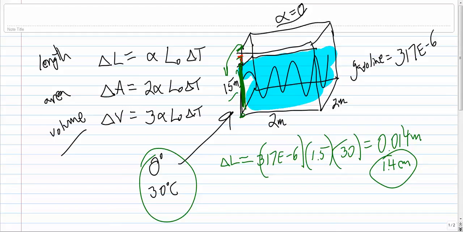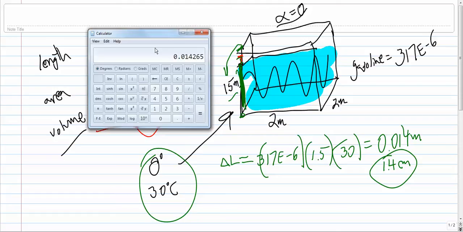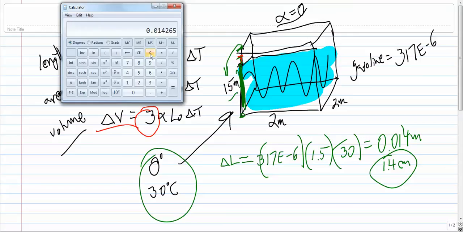So what if we wanted to do this same problem, and instead we wanted to know how much the volume overall changed? So what would that be? It would be the same equation that we used last time. It's just that we've got this 3 in here. So I'm not going to write it down. I'm just going to hit the numbers in the calculator and see what happens.